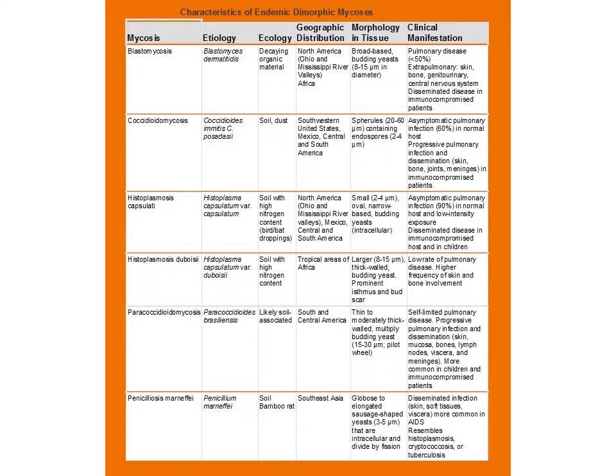So we talked about all different types of mycosis which are given in terms of causative agents, and what precisely is the name of that fungus, and how do you acquire that fungus in your ecosystem, and geographic distribution if you happen to be in that particular country or area, and then again once they lodge into the tissue, which tissue are you looking at by tissue biopsy, and what are the clinical presentations.